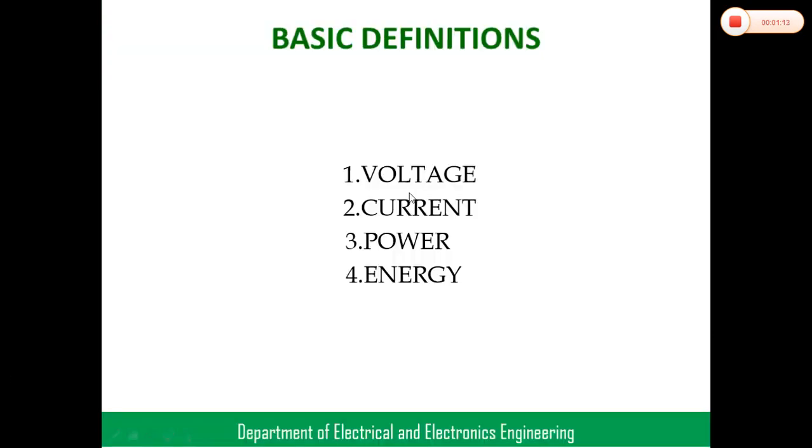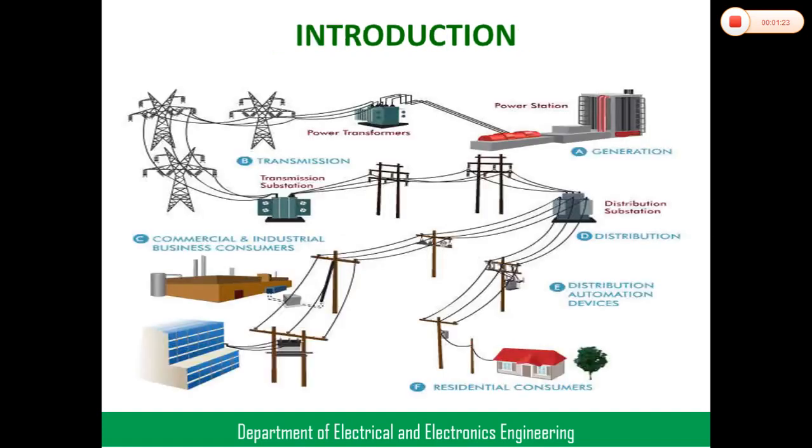So in total there are 4 definitions: voltage, current, power, energy. These 4 definitions are very important. For the circuit shown in the slide, the power is generated in the power station.